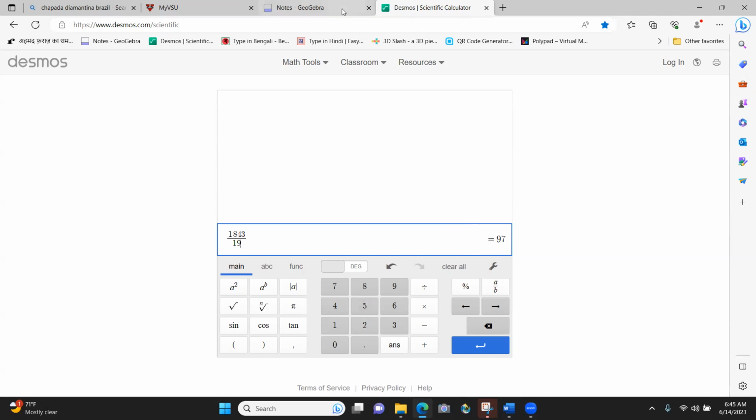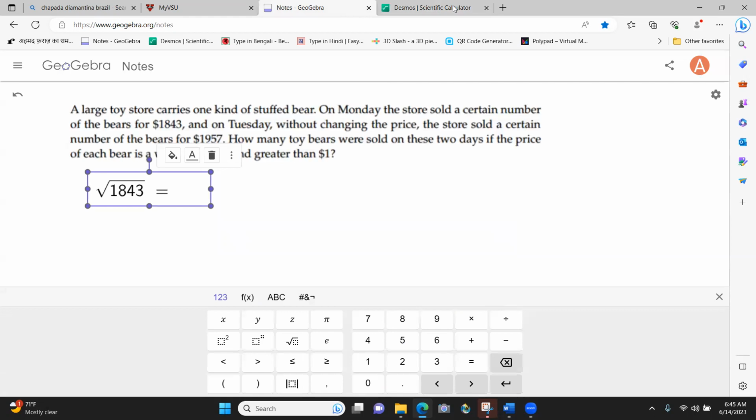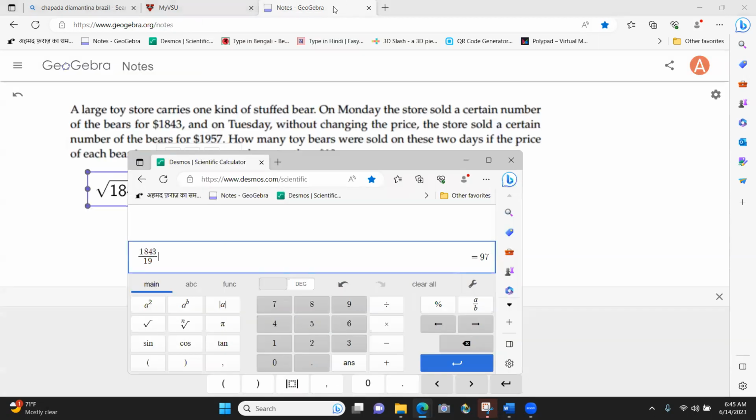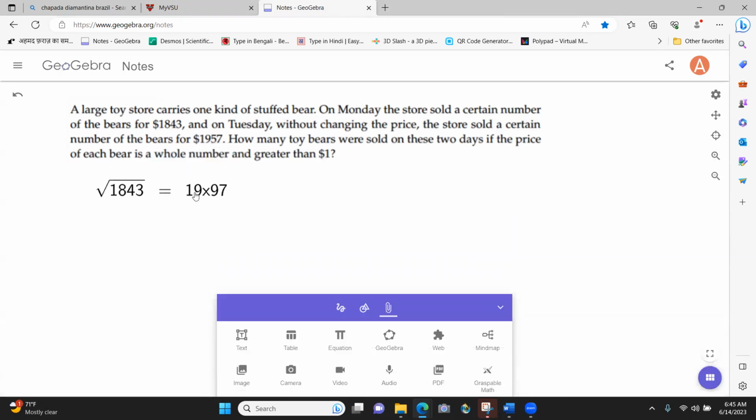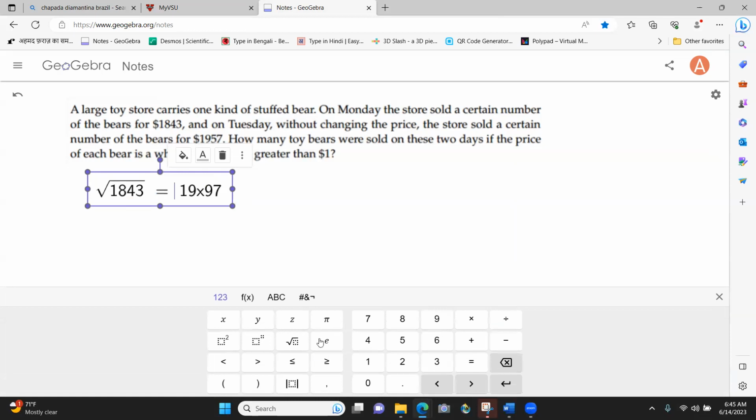Let's go back and do it. 19 times 97. In a similar way, you can test up to 42. This is the only way you can actually express it. Let me write it here. I actually shouldn't write it about 42.